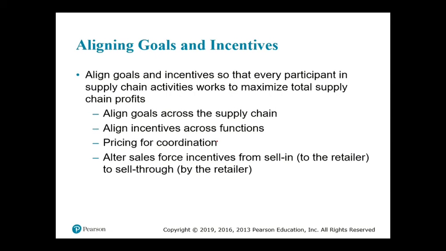And then to deal with the sales force incentive obstacle, one can simply translate the selling incentive, which means how much the manufacturer sells to the retailer, into how much the retailer eventually sells to the customers.